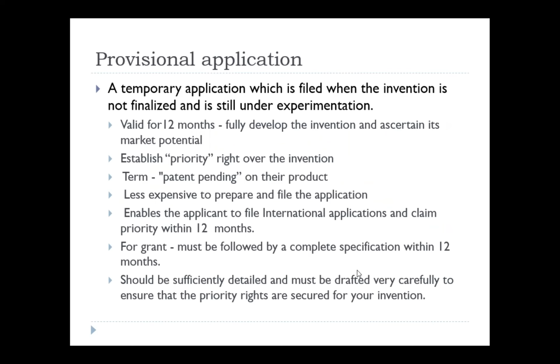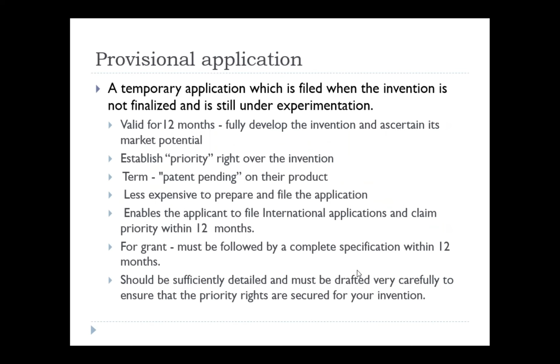This is the most important part which you need to understand very clearly. No patent gets granted or published for a provisional application. Please be clear about it. Only for the complete specification can you get the publication and the grant of any patent.